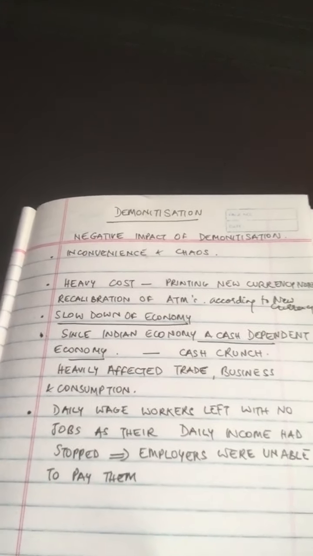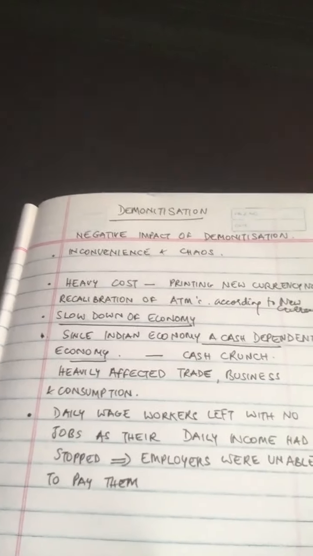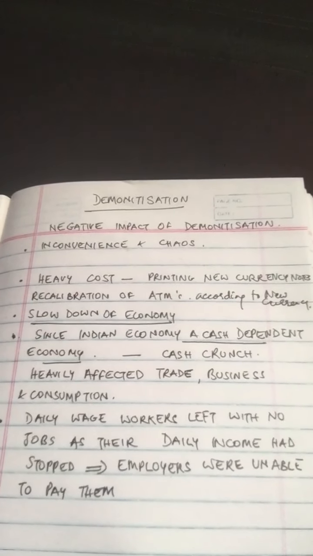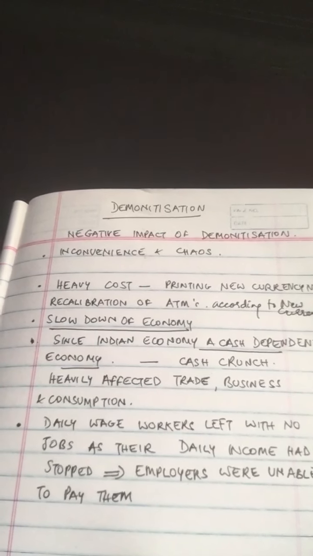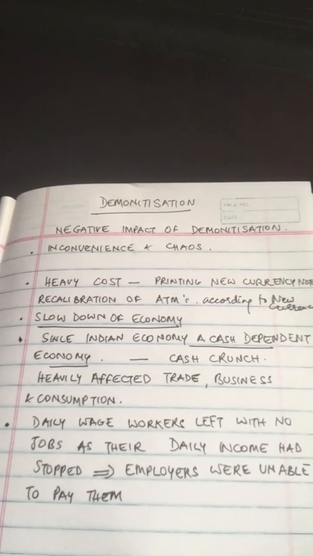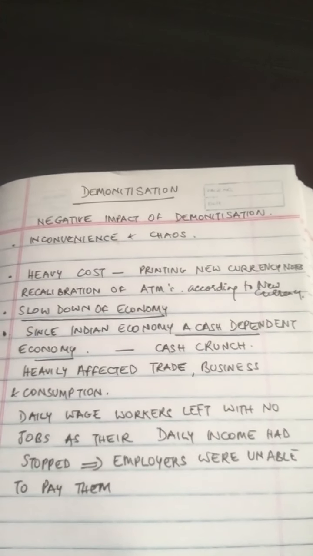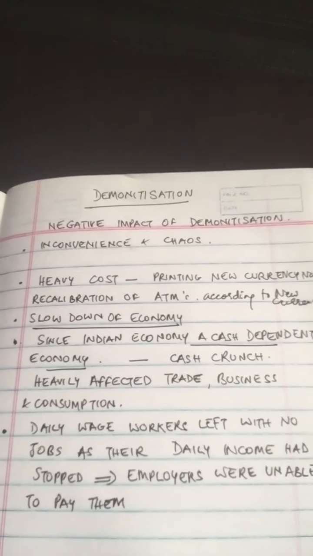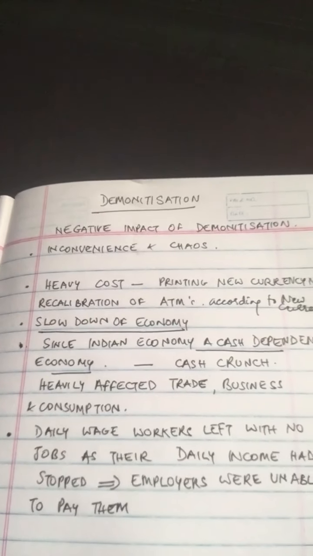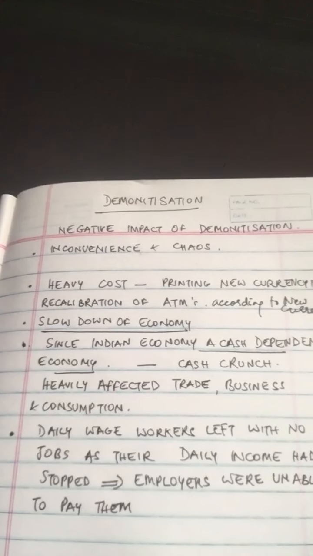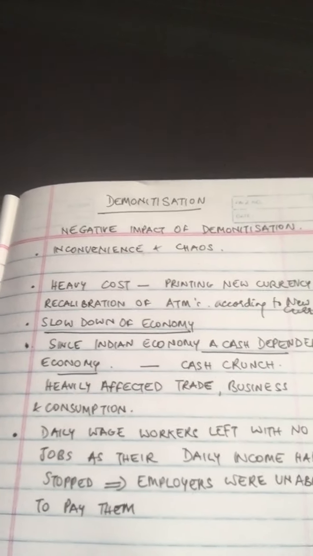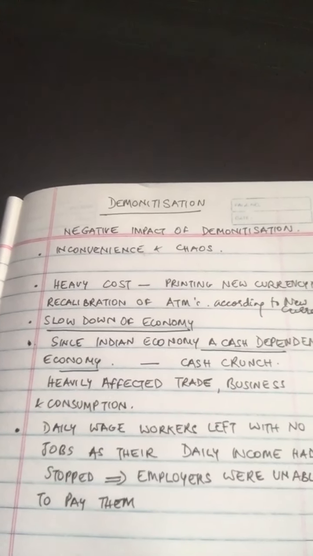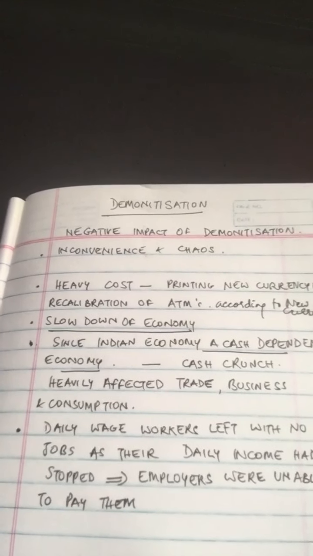So there was a deep hurt to the economic sentiment everywhere, and large scale layoffs, as I also pointed out, in the unorganized sector, which is a real big sector in our economy, that is the informal economy, because 90% of our workforce in India is engaged in the informal economy or the unorganized sector for their livelihood.